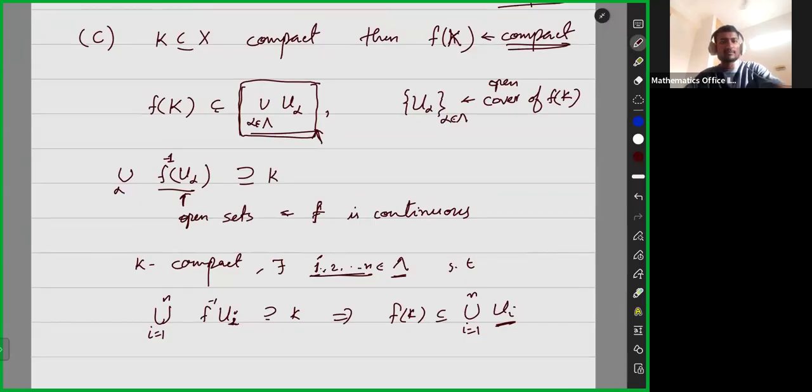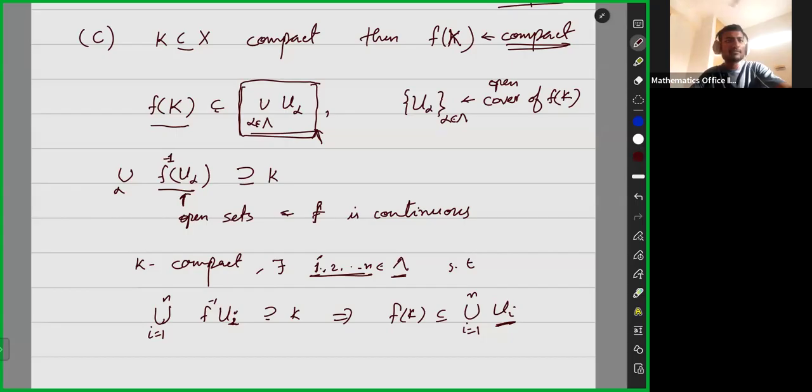If you have problems, you can ask. Otherwise, we'll go to the next step. We had some open cover of f(K). We created some open cover of K, taking pre-images of those open sets which were used in that cover.